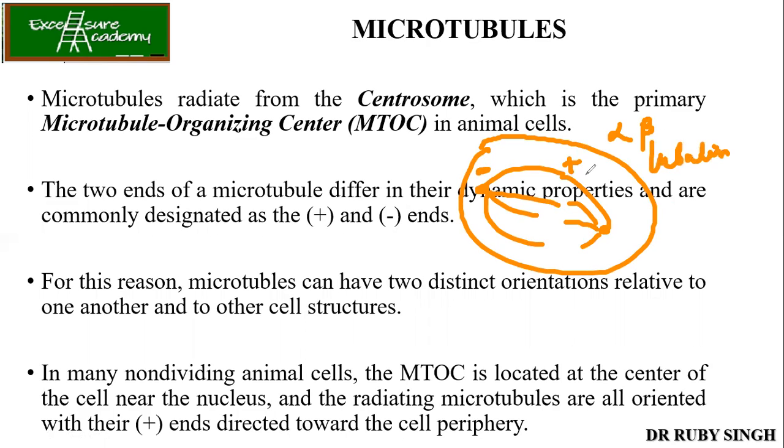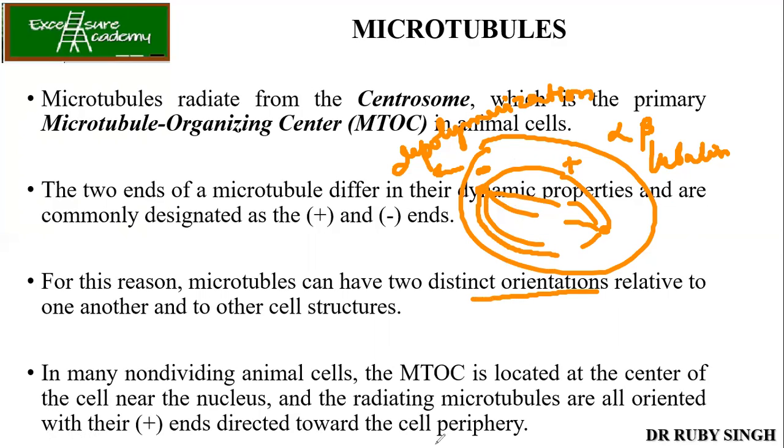Polymerization is happening over here, and at the other end depolymerization happens. That's how the spindle fibers extend their length. Because of this plus and negative end, microtubules have two distinct orientations, which gives polarity to the microtubules.